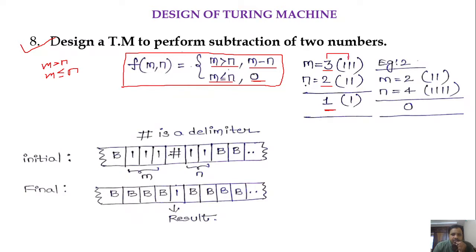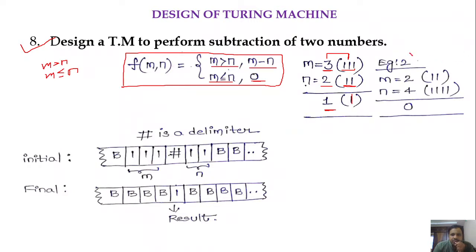What is the m value we are having here? 3. So I am representing 3 with 3 ones. Next, n value here is 2, so I am representing 2 with 2 ones. When we perform the subtraction, the result must be 1. That means the input tape must have only this 1 on the tape.